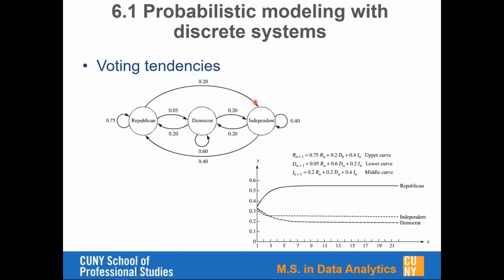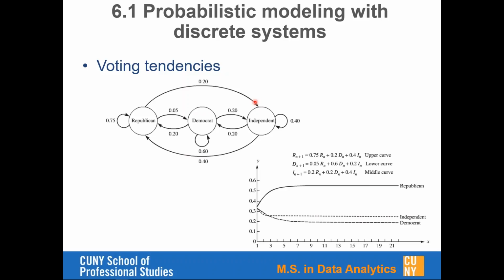If state 1 is Republican, then going to itself is 0.75, going to the second state, Democrat, is 0.05, and going to the third state, Independent, is 0.2. If you add them up, it should be 1 for that particular row, the one starting from Republican.